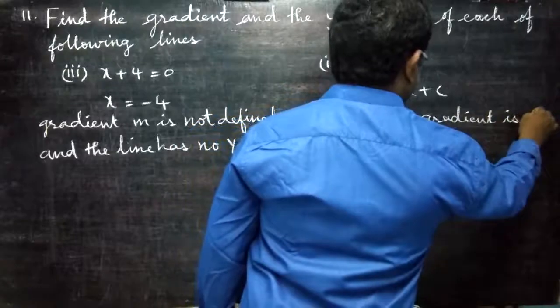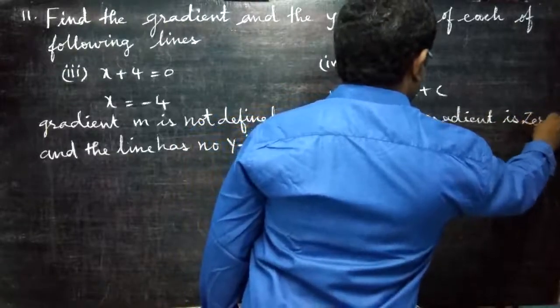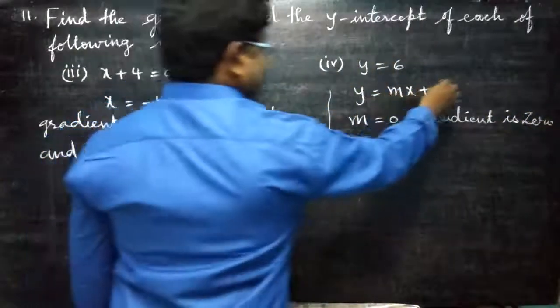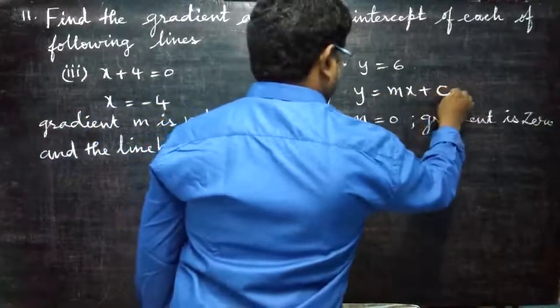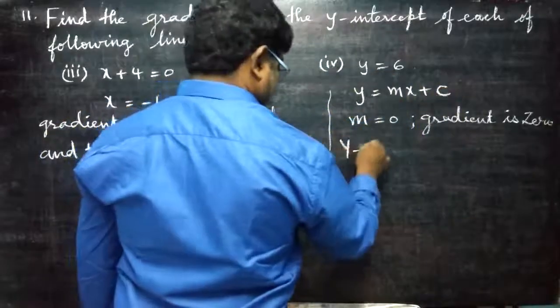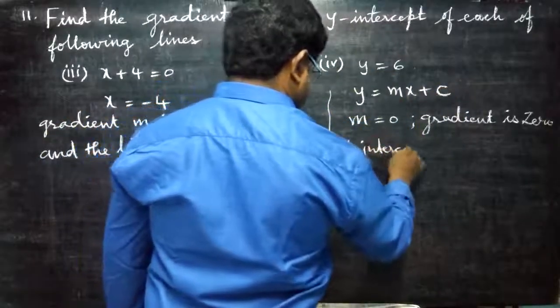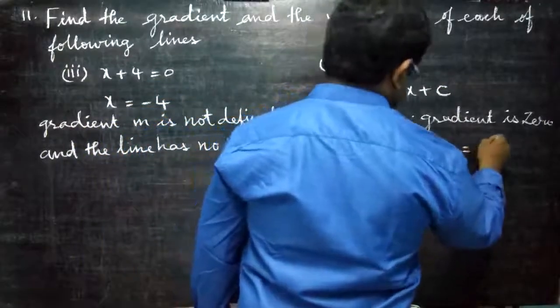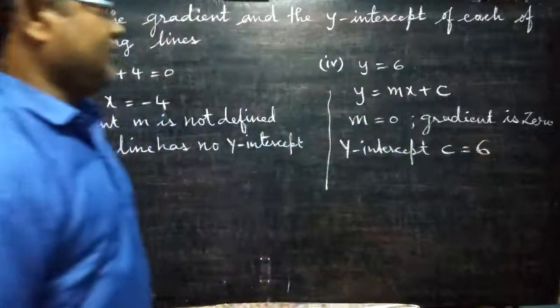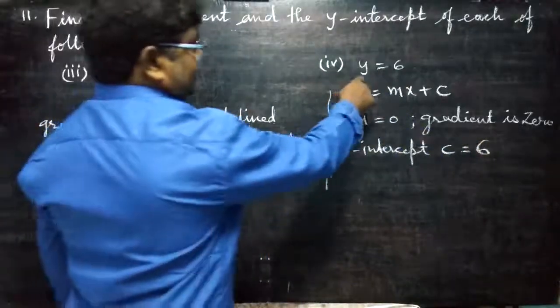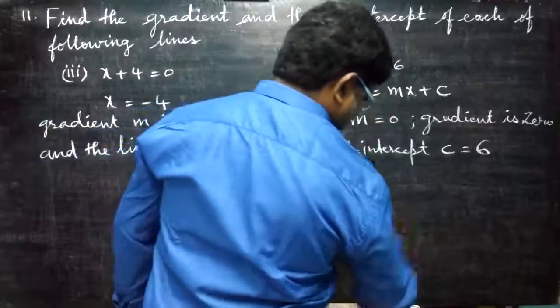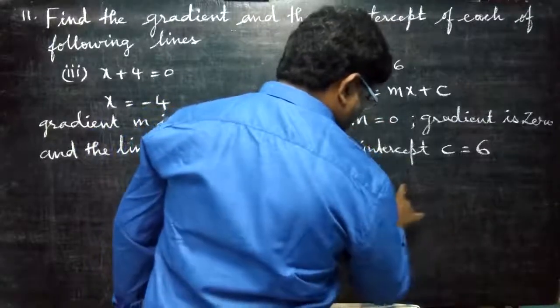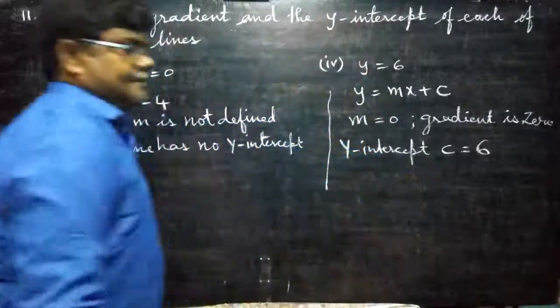Slope is 0. Are you able to follow? Next, here c, y intercept is there. Y intercept c is equal to 6. Are you able to follow? Parallel to x axis. This is x axis parallel at a distance of 6. So near 6 it is intercepting.